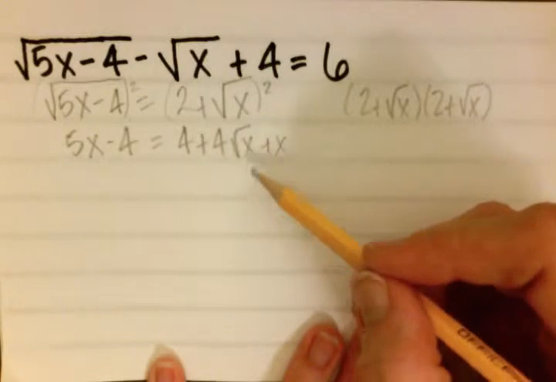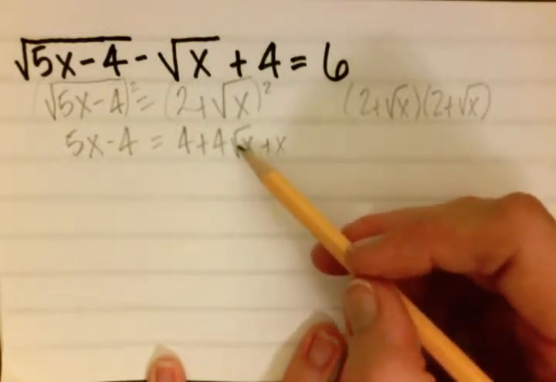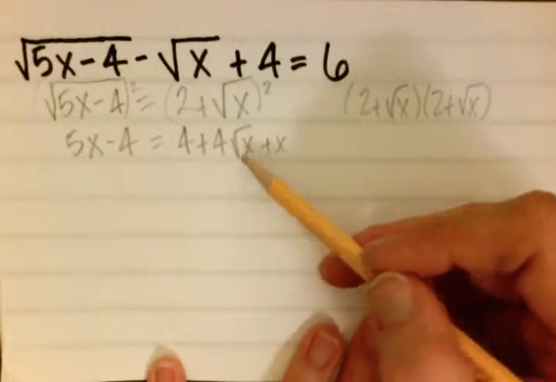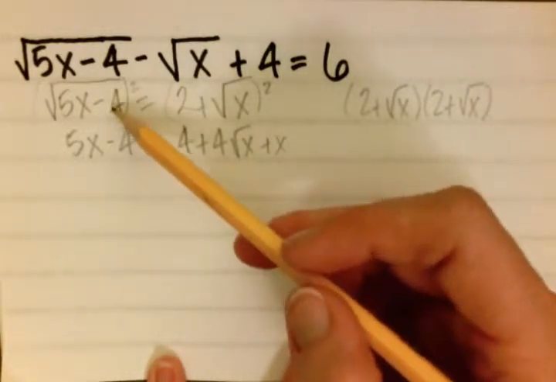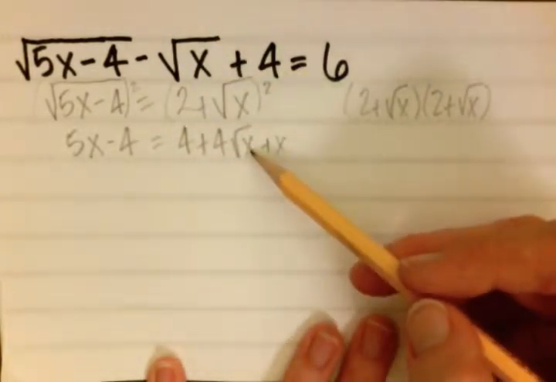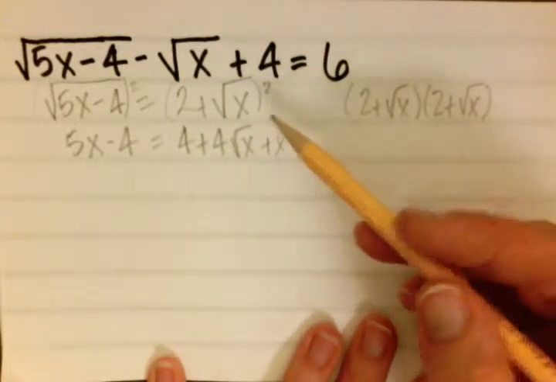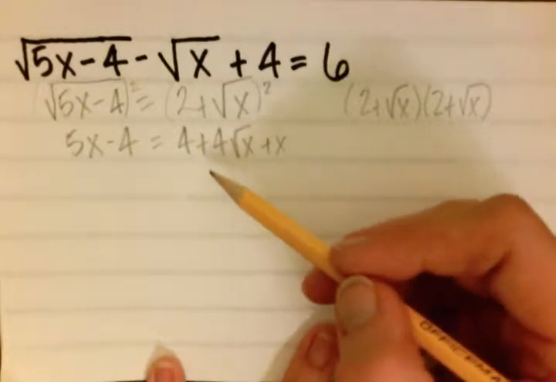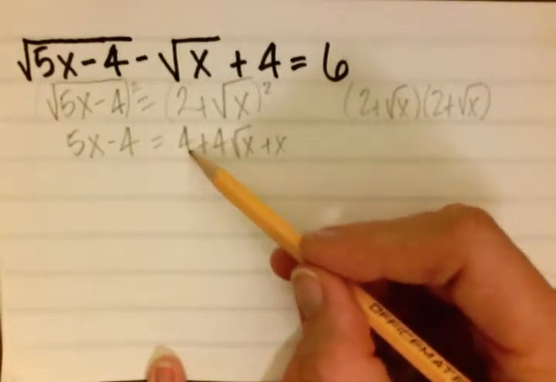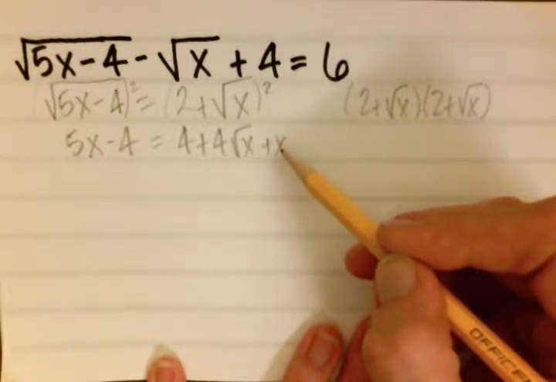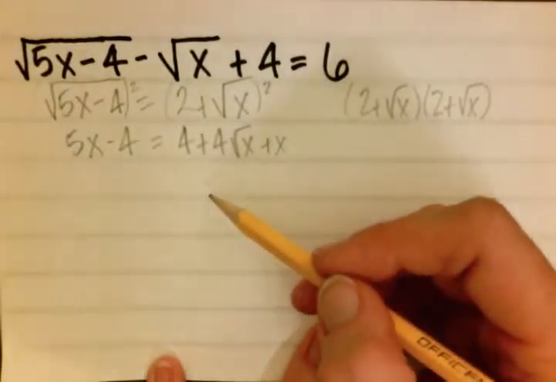Now our goal again is to get rid of the radical that we have, so we're going to do exactly what we did here and isolate it on one side of the equation and then square it again to get rid of it. So now we're going to subtract 4 from both sides of the equation, and we're going to subtract x from both sides of the equation.